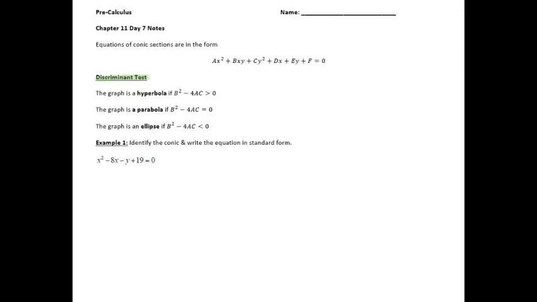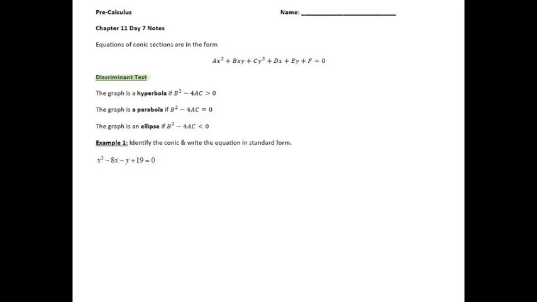And in the equation we're dealing with today, not all of those terms will be in every equation, but I do want to point out that a will always be the coefficient of x squared, b will be the coefficient of any term that has an x and y in it together, c will always be the coefficient of y squared, and then d will be the coefficient of x, e of y, and f will always be the number that's by itself.